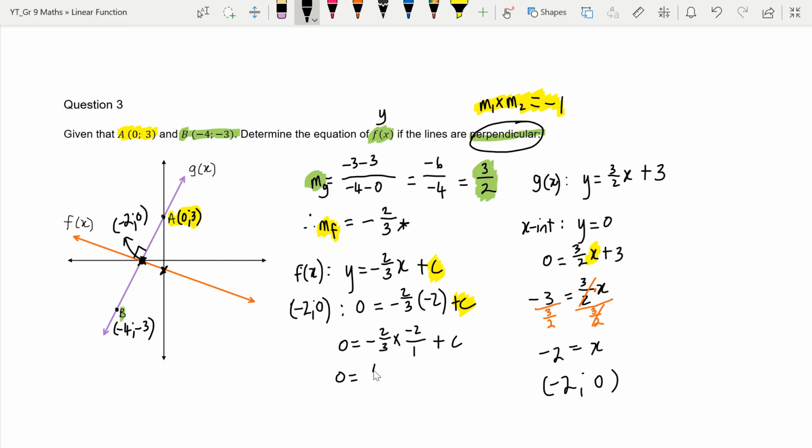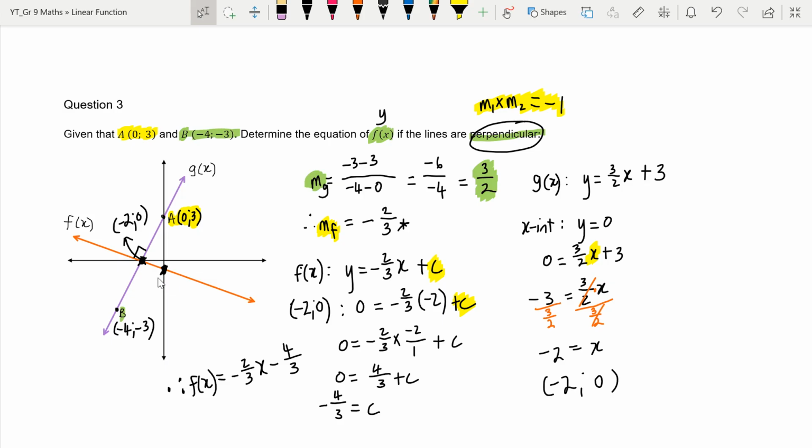Am I right? Yeah, 4 over 3 plus c. And then to get my c by itself, I'm just doing that. And finally, we found the equation of our line f of x. So f of x will have the equation of -2 over 3 x and then minus 4 over 3 for our y-intercept. So that point over there is -4 over 3.